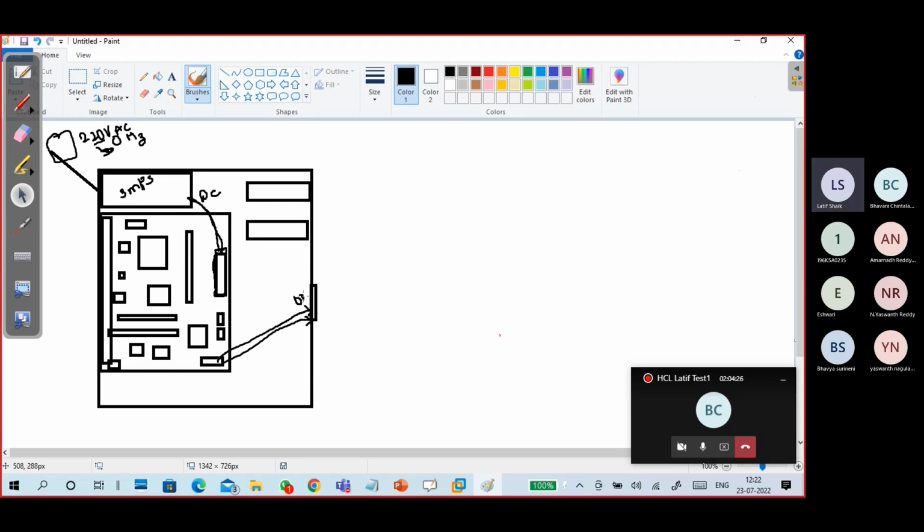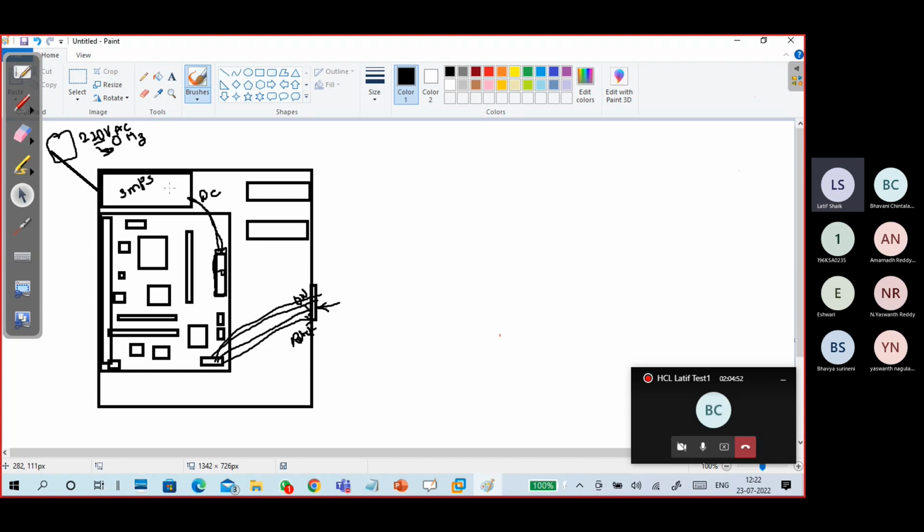One is for on, another for reset button. Okay, and USB ports and other connections are also there, but important are on and reset. For example, when I press the power on, the PS on signal will be there. It turns on the SMPS.